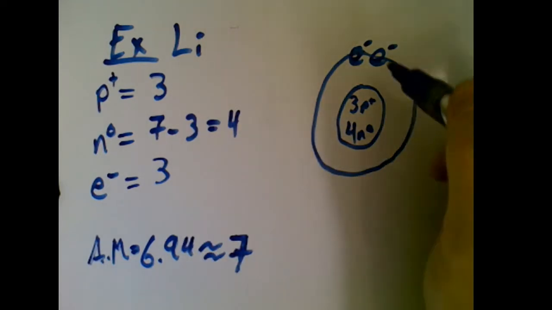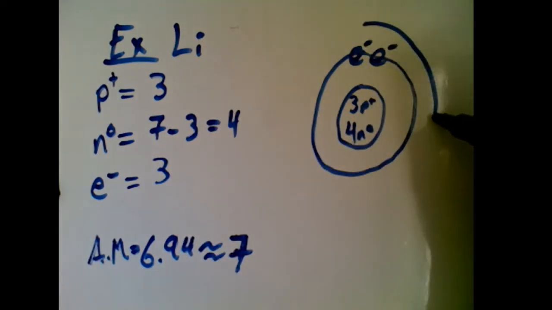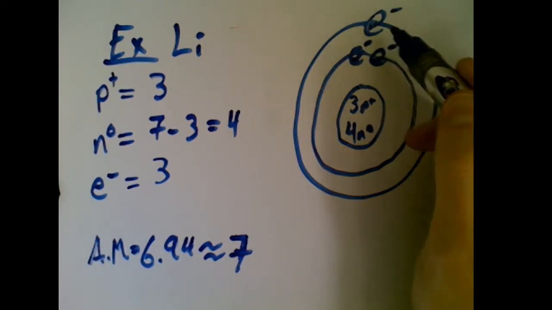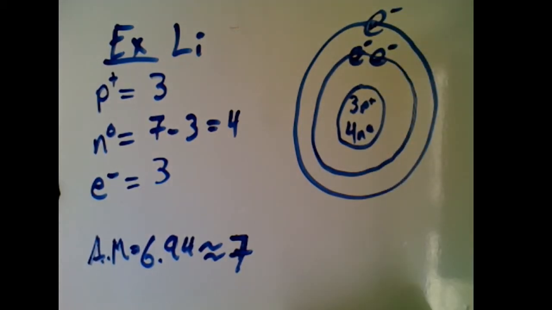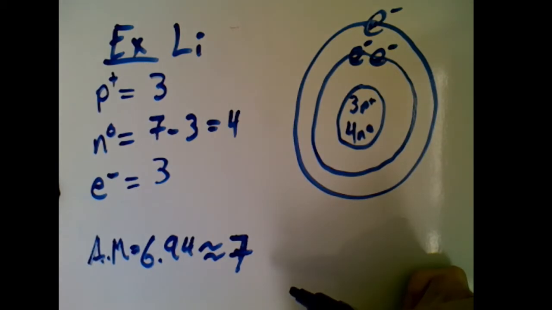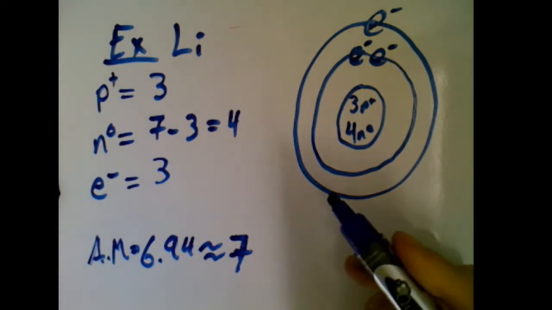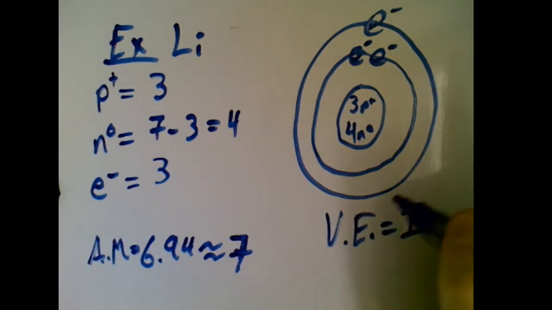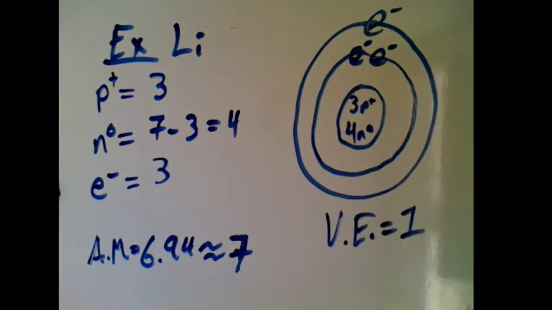You need to have 3 and you filled the first orbital, so add another orbital. You only need it to hold 1. It could hold 8 maximum, but that's how many it holds. It's just the 1 in this case. How many valence electrons? Well, it only has 1 in its outside orbital, so it only has 1 valence electron. So that's our example of lithium.